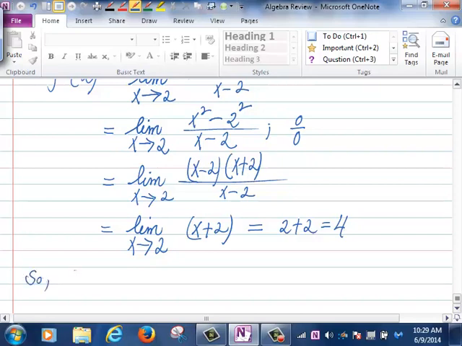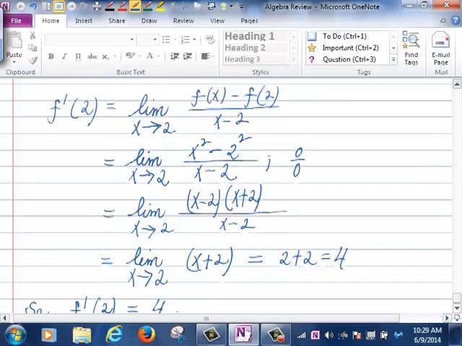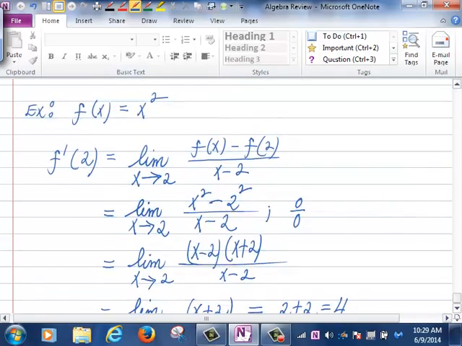So f prime of 2 is equal to 4. So the derivative of the function x squared at 2 is given by the number 4. Any questions on that example?